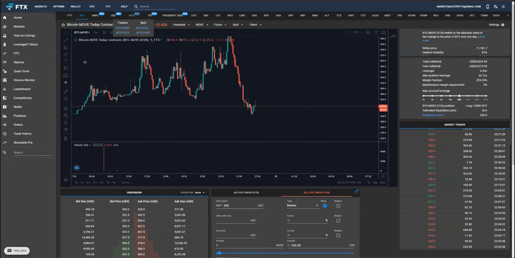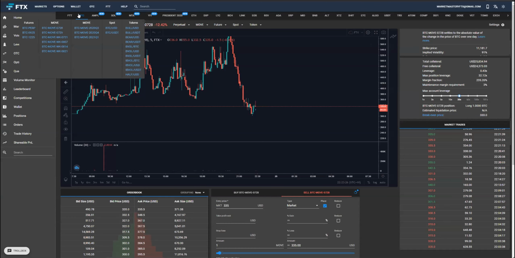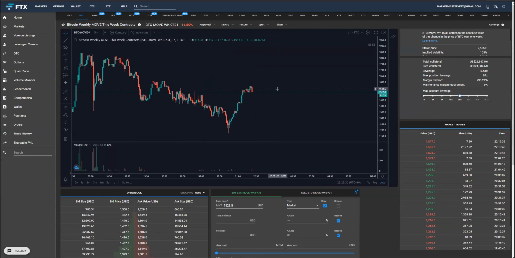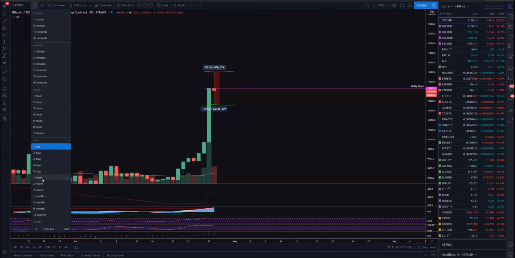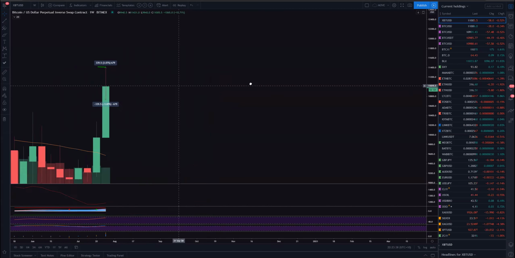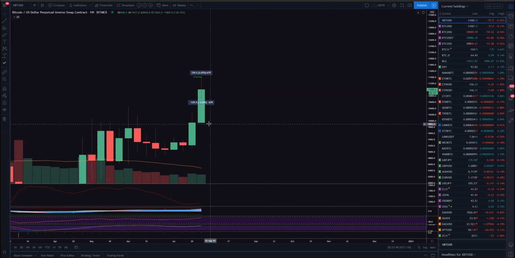Now we're going to go do the same thing on the other contract. So we're going to have a look at the weekly contract, which is 1,517. So we're going to get the weekly up. Right, so this is where the current weekly opened. So 1,517, 1,500.